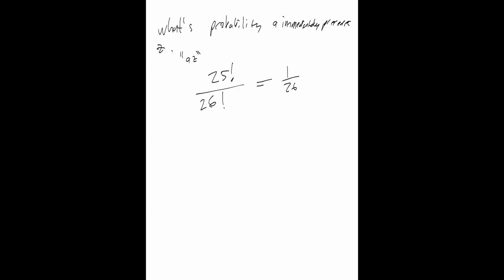Okay, perfect. Now let's try number E. What's the probability that A immediately precedes M, which immediately precedes Z in the permutation?